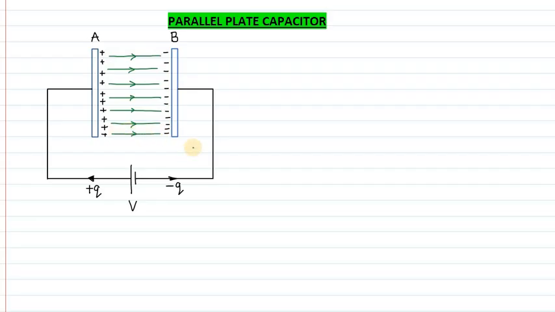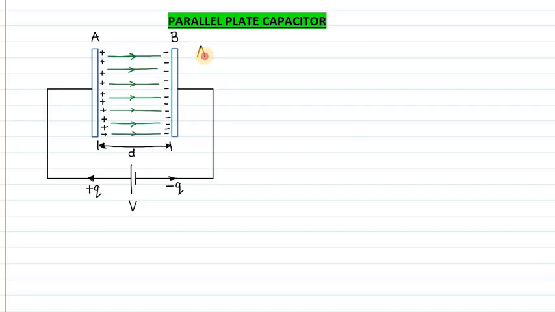Because these two plates are parallel, a line which starts perpendicular from one plate and ends perpendicular to the other plate will be a straight line only. Also the distance D between the two plates is very, very small, so in the very small gap the lines have to be almost parallel to each other.